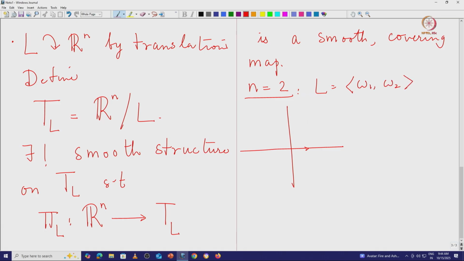Let's say my omega 1 lies along the x axis and omega 2 is this vector here. Translations by these two vectors will basically tile Rn by these parallelograms.